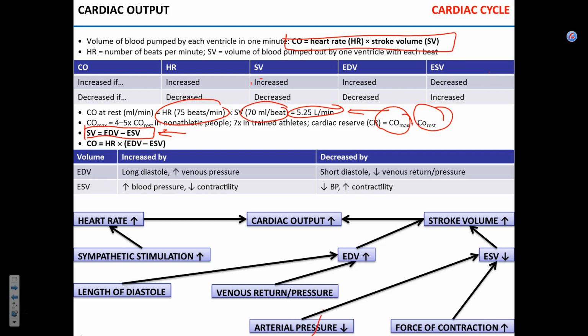So the ventricles are filled with blood during diastole, right? The longer the diastole, the more blood can flow in the ventricles. Does it make sense? Do you understand what I'm saying? The longer the relaxation period, the more blood can go in the ventricles. We good? Longer diastole.